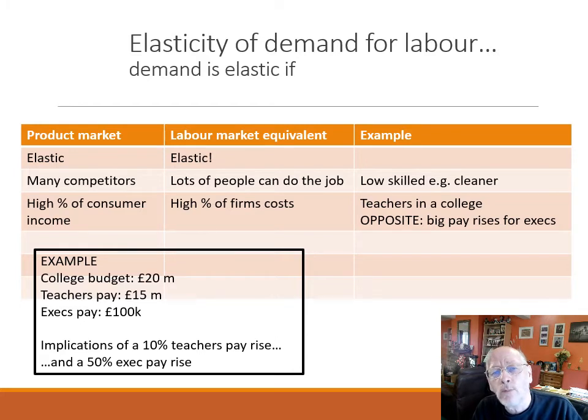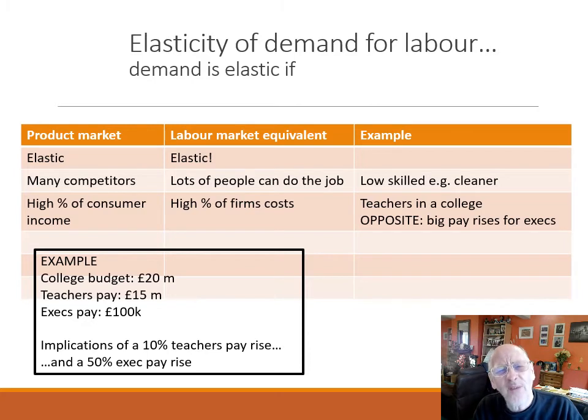So, for example, imagine in a college that the total budget is 20 million quid and teachers get 15 million of that, and the chief exec gets paid 100,000. Well, if the teachers were to get a 10% pay rise, that would add £1.5 million to the teachers' pay bill. So the college would be thinking, can we actually afford this? Should, if that happens, do we need to get rid of a few teachers, which would make them elastic?